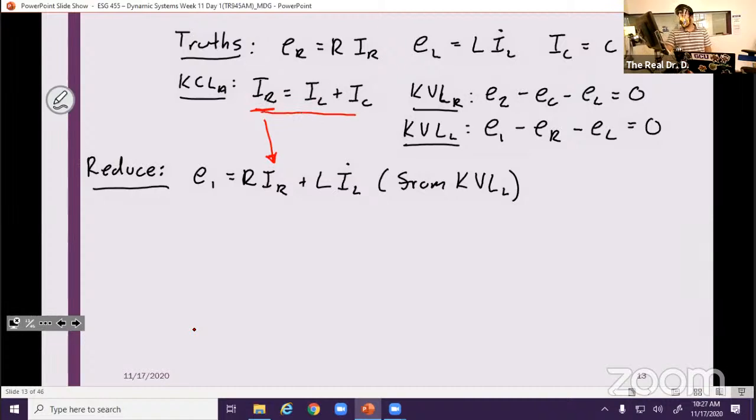Take that equation and plop it in there. So I've got E1, which is allowed, because E1 is my input, but I need everything in terms of E sub L and I sub L and EC. That's what I need. So this is going to be R times IL plus IC plus L I dot L.